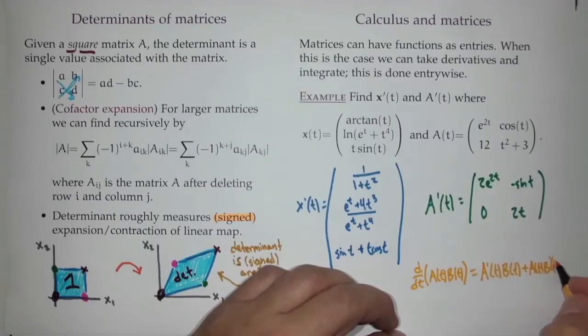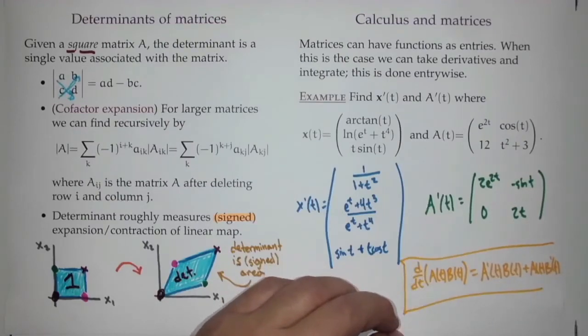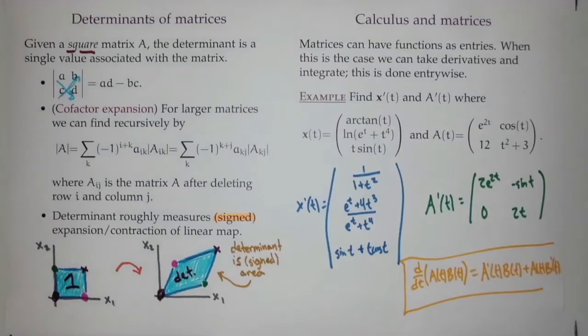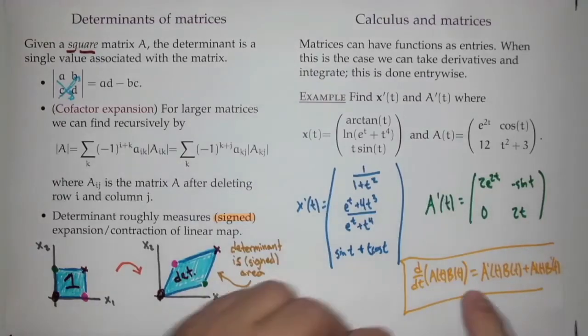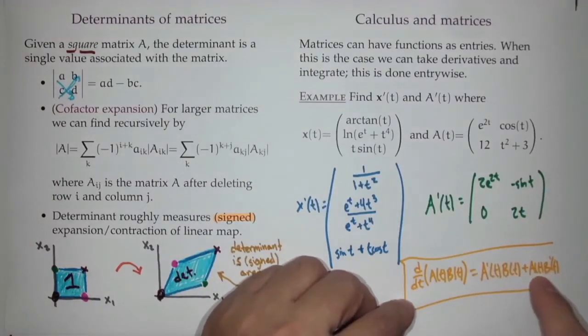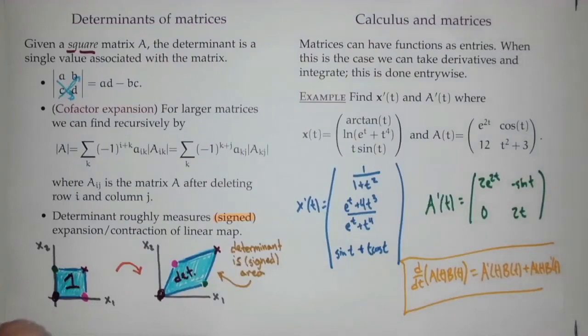Because that feels like what the product rule should be. And in actuality, it is. So product rule still works the same way if you're dealing with matrices. So good. But you have to make sure you keep the order the same. Don't mess with the order.